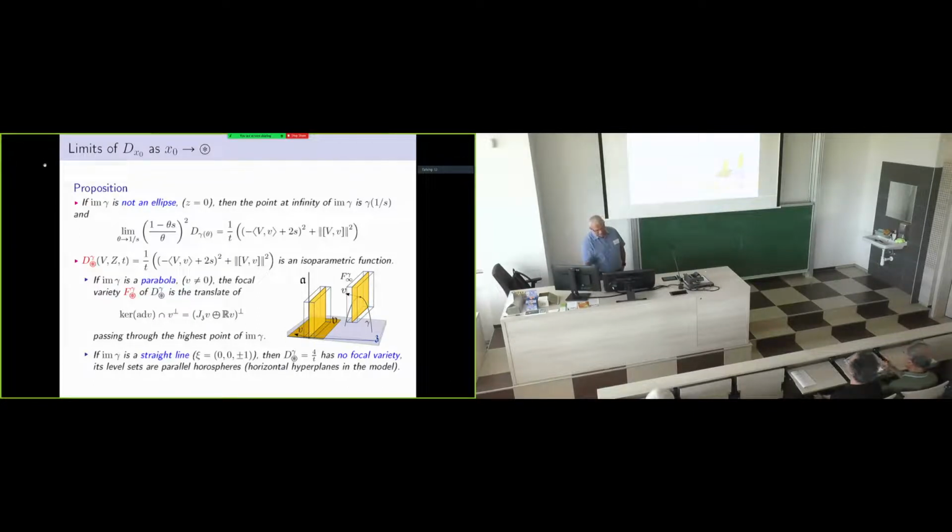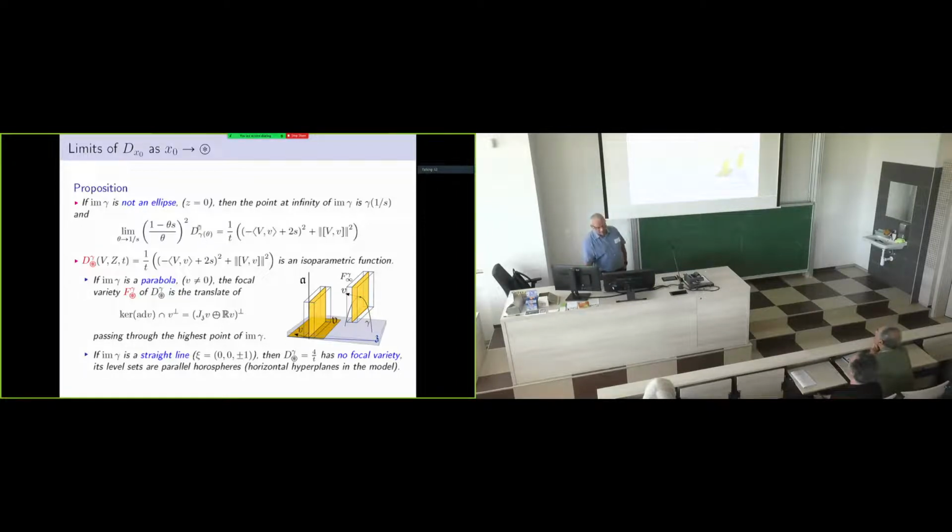So actually, these missing surfaces can be computed by taking a suitable normalized limit. It turns out that if you look at this distorted distance function for gamma theta, if gamma theta converges to infinity, then this whole function will blow up. Everything will go to infinity.